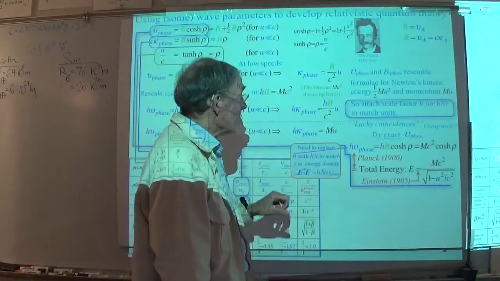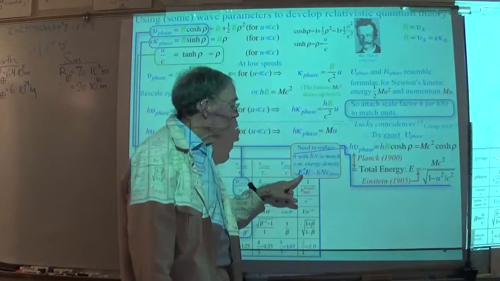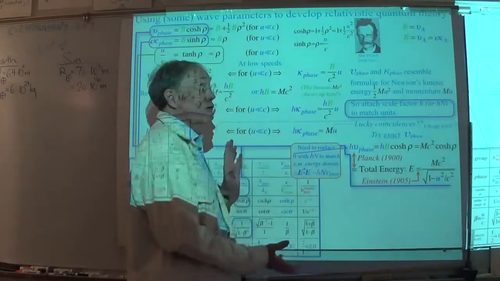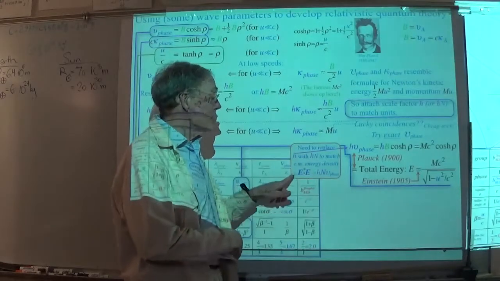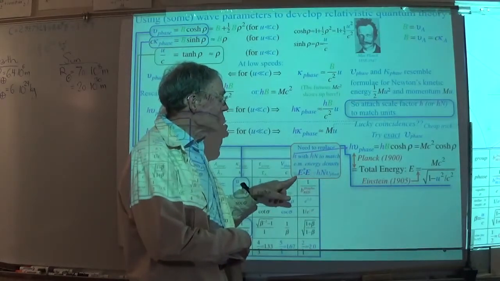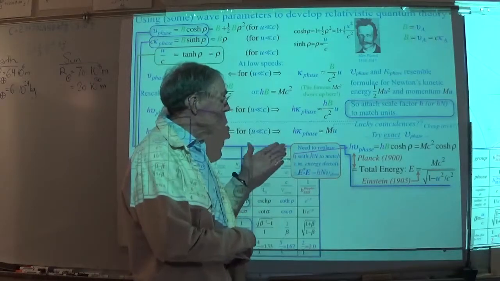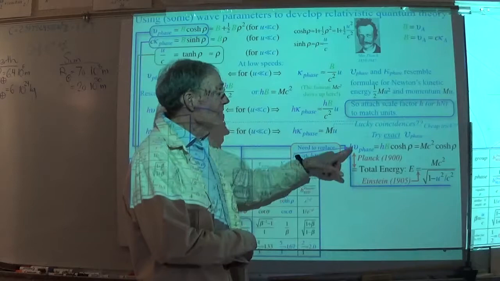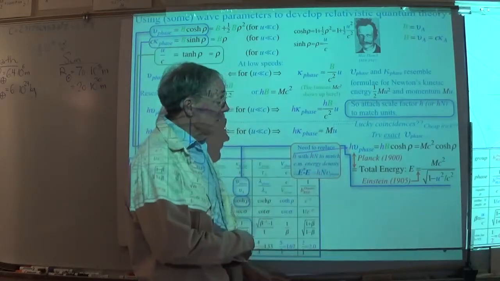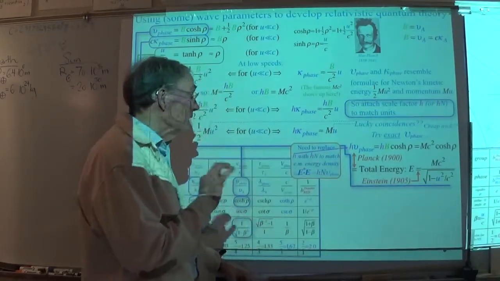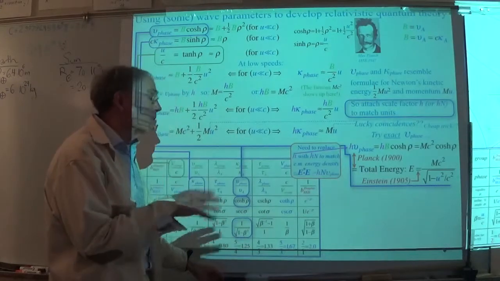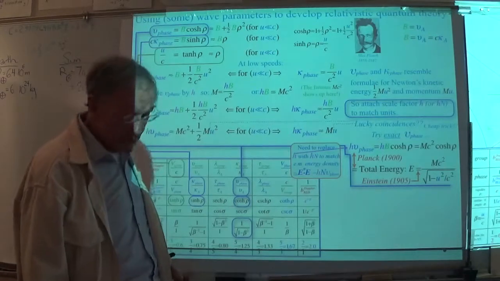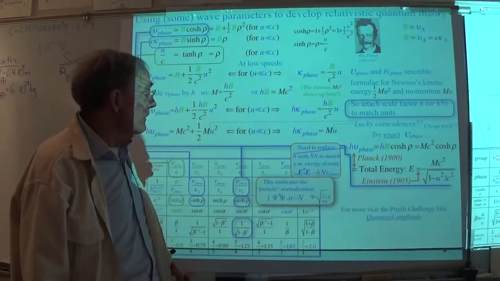And this will match then with the energy density of what he was talking about, a box of light, which is what we're talking about, right? So E squared epsilon 0 is going to be Hn times new phase. So that H should be replaced with an Hn. And that works fine because we'll get into a little bit more of the electromagnetism possibly in a minute, but that's what is going on here.